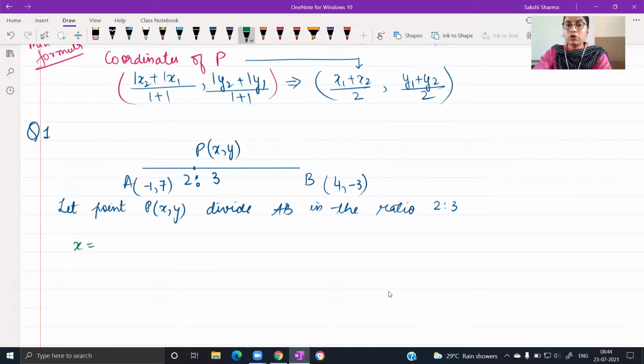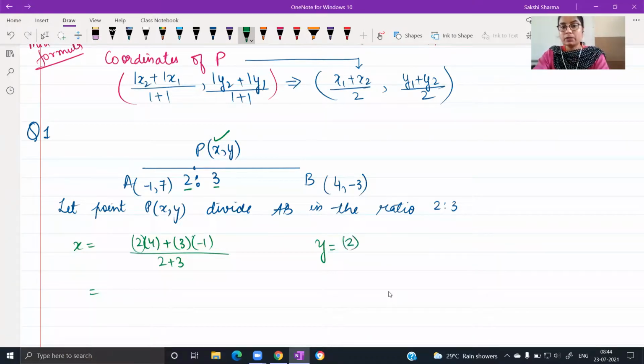For the abscissa of the point, cross multiply the ratios with the abscissas. So 2 multiplied with 4 plus 3 multiplied with -1. In the denominator, the sum of the ratios. Simplify. Similarly, for the ordinate, ratios to be cross multiplied with the ordinates. In the denominator, you will have the sum of the ratios. So 2 multiplied with -3 plus 3 multiplied with 7. In the denominator, you will have 2 plus 3.